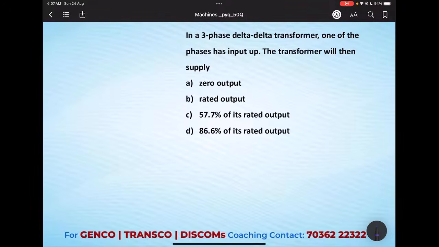The question is about a three-phase delta transformer in which one of the phases has gone open. If you see the question carefully, the given transformer is a three-phase delta transformer.